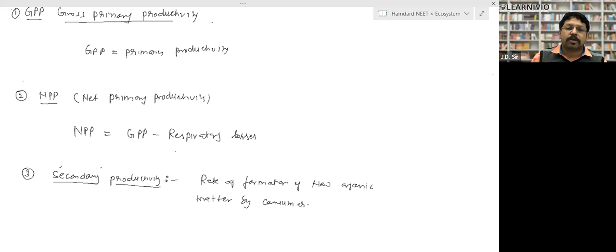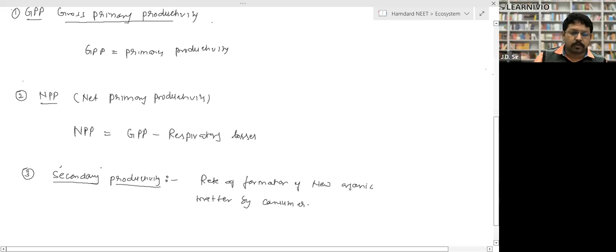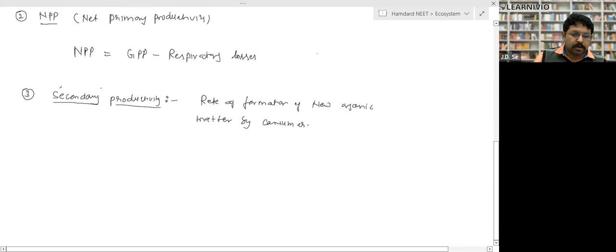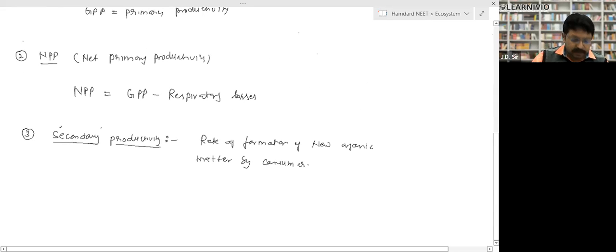We never get the gross primary productivity. Why? Because 10%, 20%, 15%, whatever the percentage, depending on the plant, the plant utilizes for its own physiological processes. Now, what is secondary productivity?